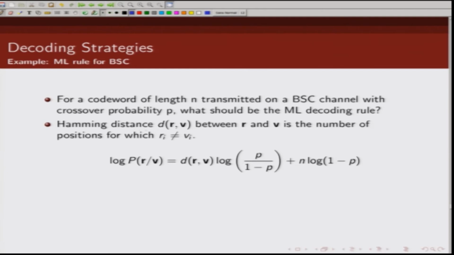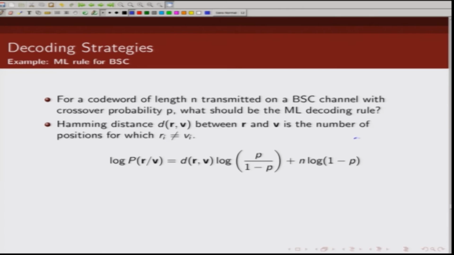The Hamming distance between two code words, or two n tuples R and V, both n-bit vectors, is defined as the number of positions in which R and V differ.